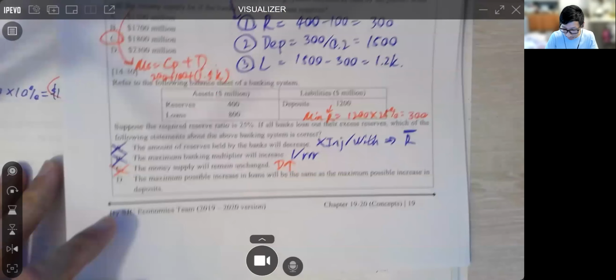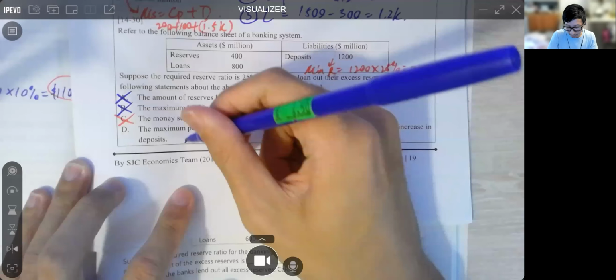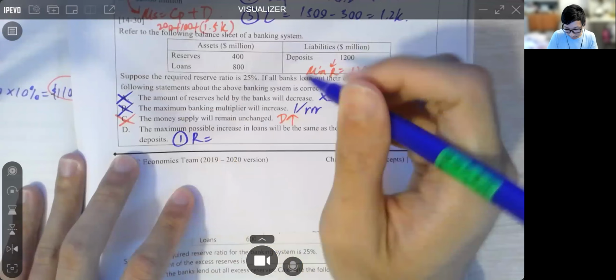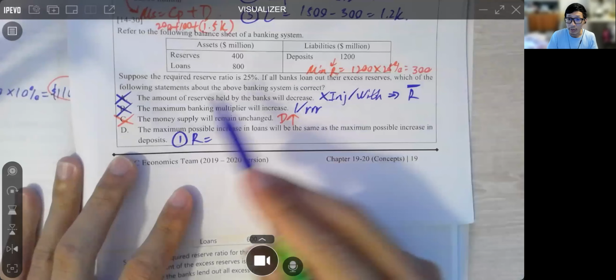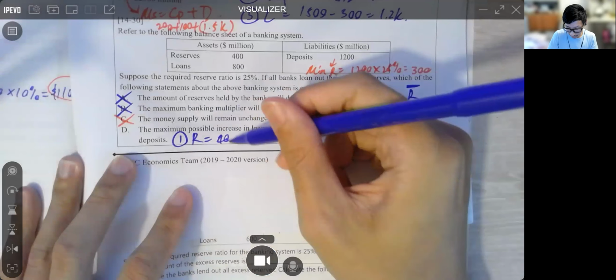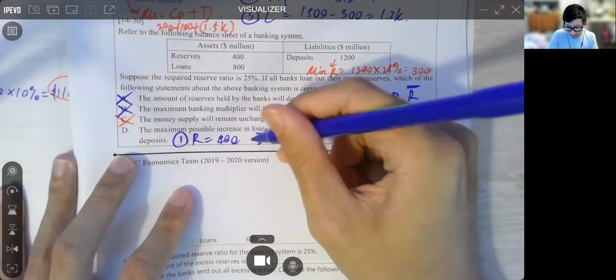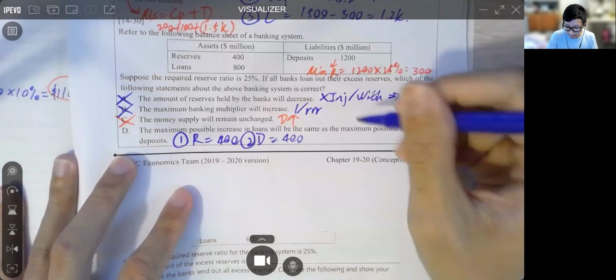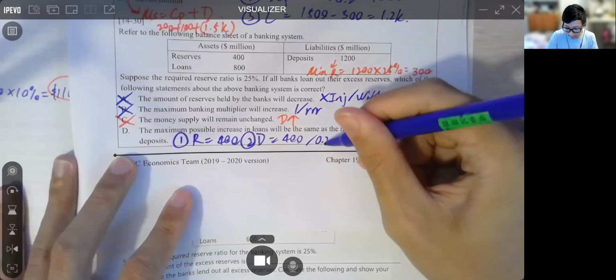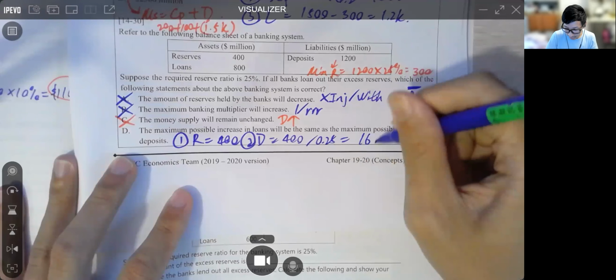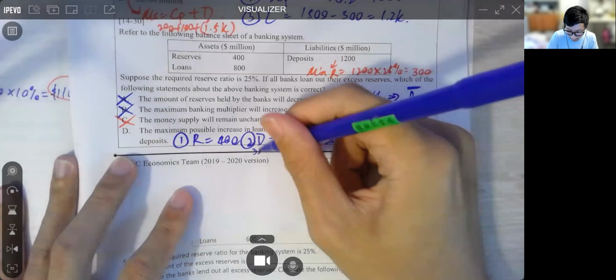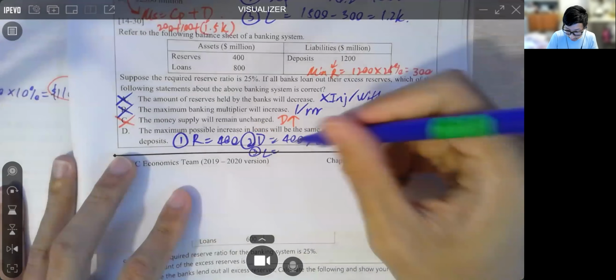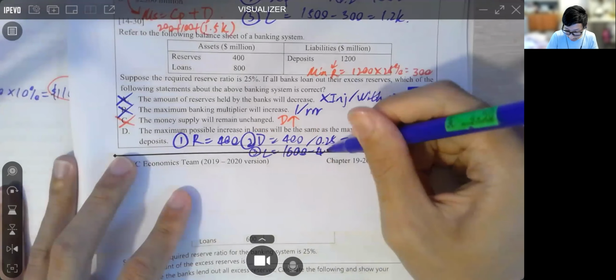我哋計一次咪知咯，好嘛？Now again, step number 1, reserve. No withdrawal, no injection, 400. Deposit, okay, step 2, deposit 400 divided by 0.25, 1.6K. Step number 3, loan would be this minus this.